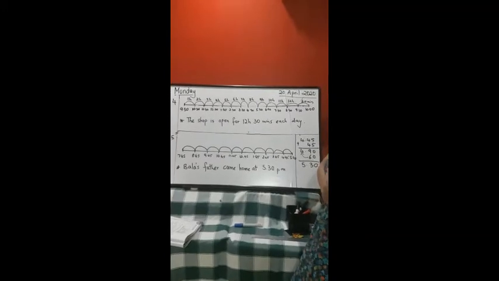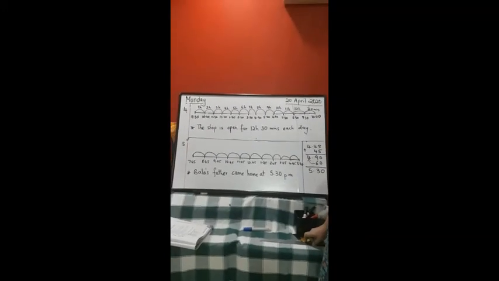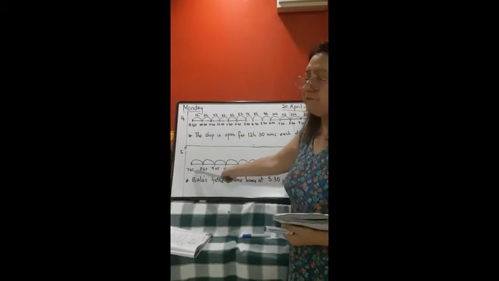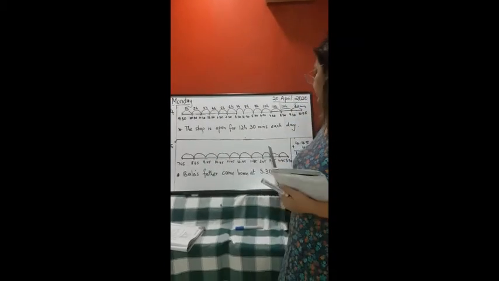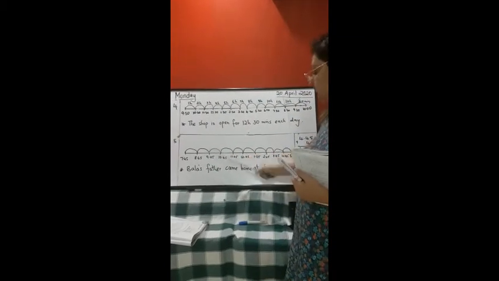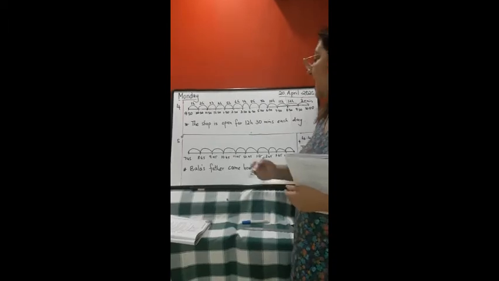Number 5: Bala's father left for work at 7:45 a.m. and came home 9 hours 45 minutes later. What time did he come home? So in this question, we have the start time. We don't have the end time. But what we have is the time he took.